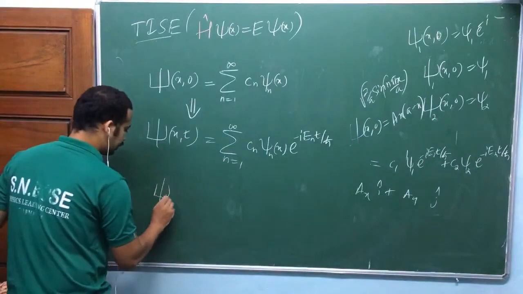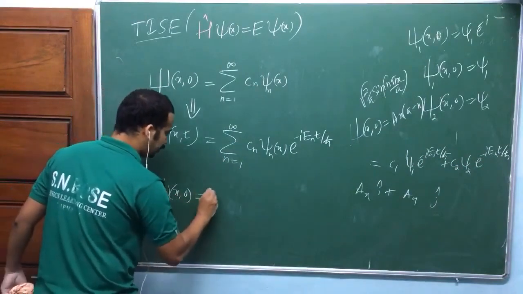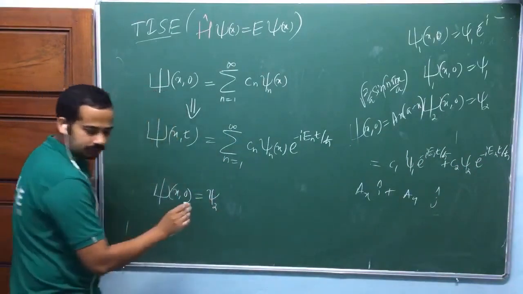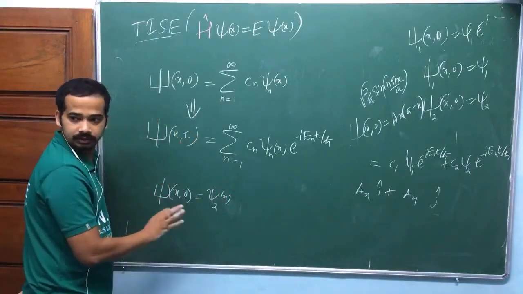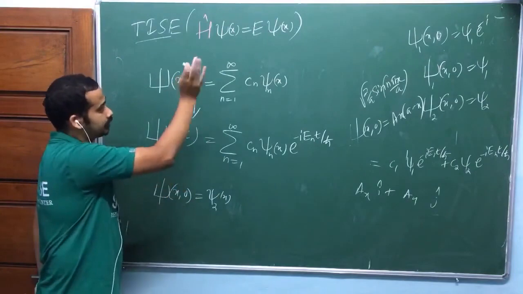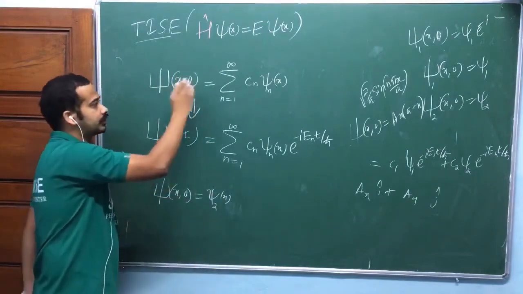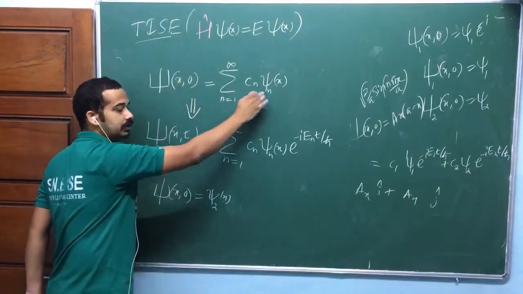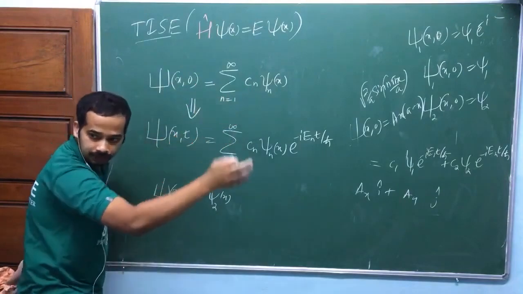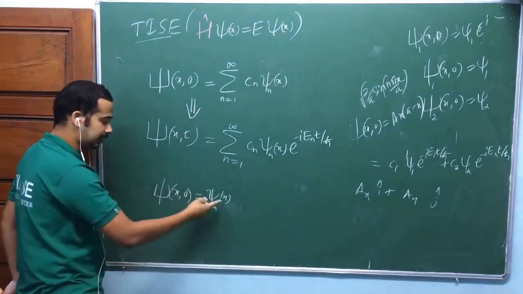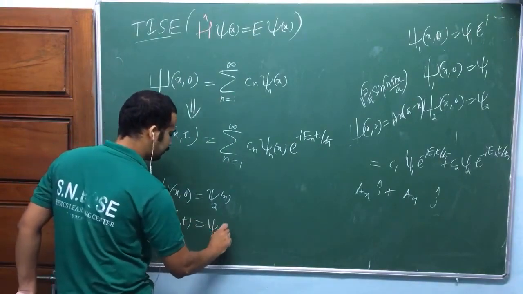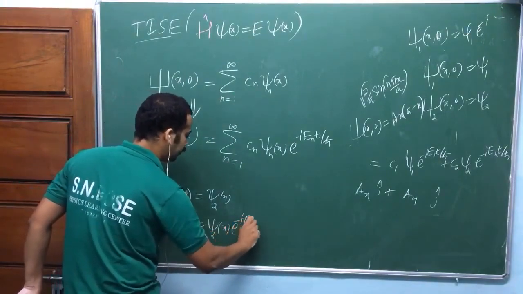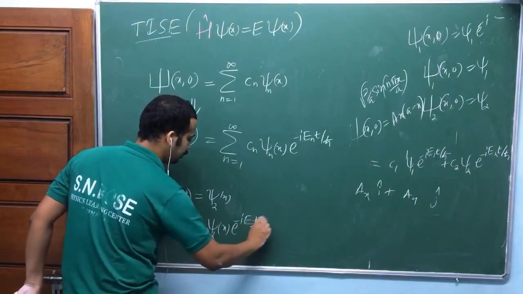Suppose your psi of x comma 0 is psi 2. It need not be psi 2, psi 3, like that. It can be any general function. If it is a general function, write that one in terms of this one. It is possible in principle. I'll show you that one. If it is psi 2 itself, psi of x comma t, you just write psi 2 of x into e power minus i E2 t by h bar.